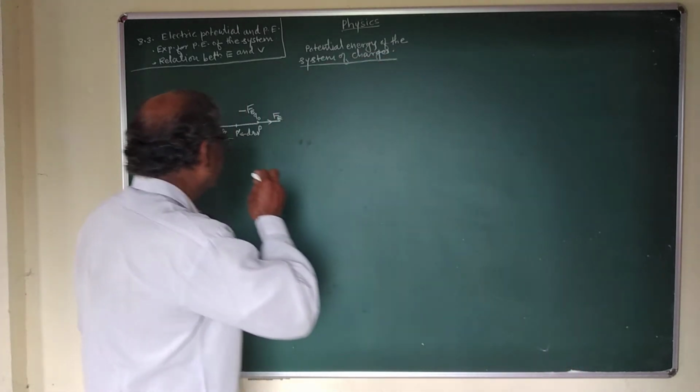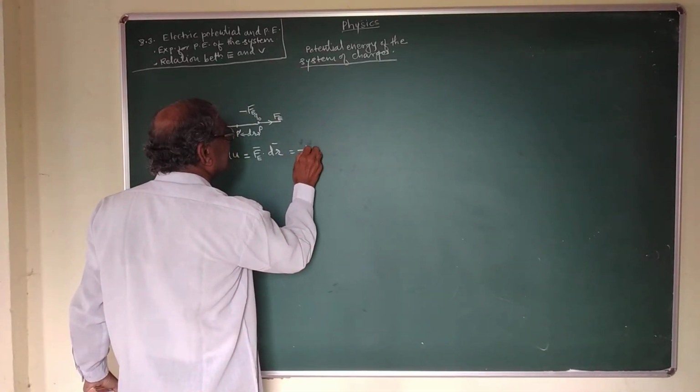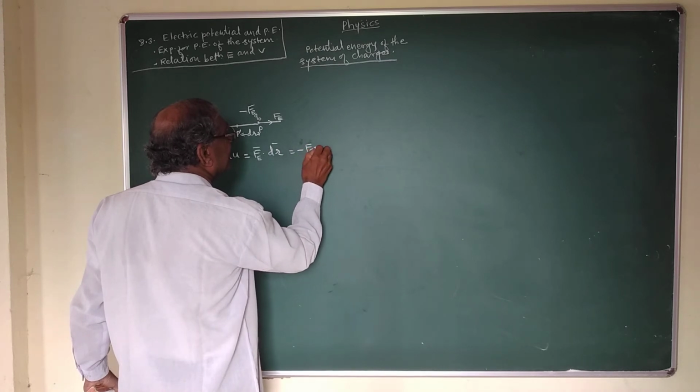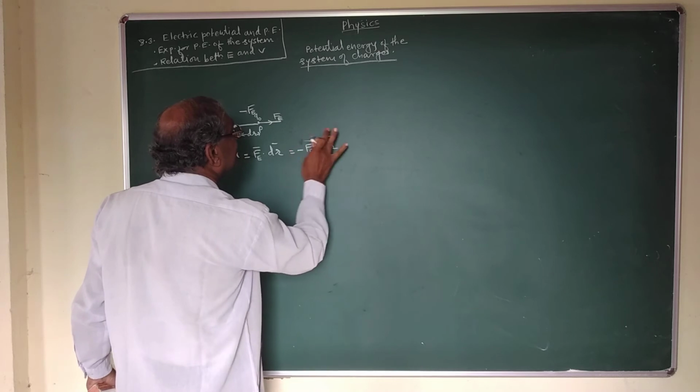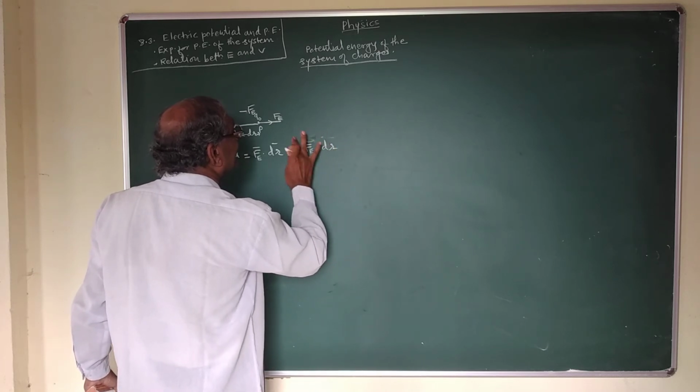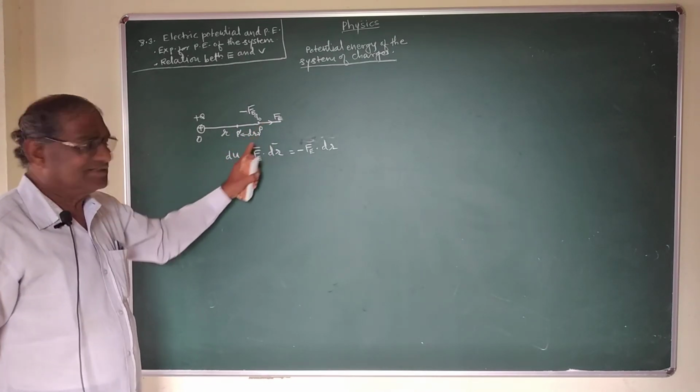And this change in potential energy is given by dU is equal to minus Fe dot dr. The change in potential energy. Now, is this concept clear?